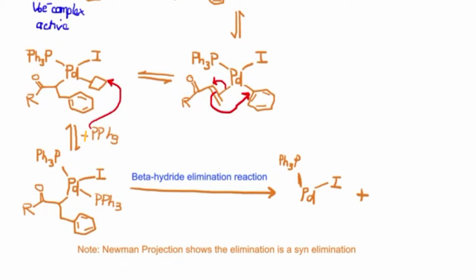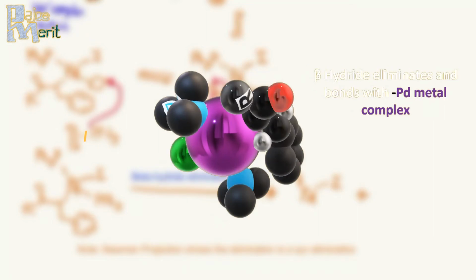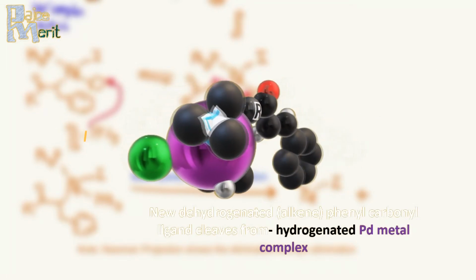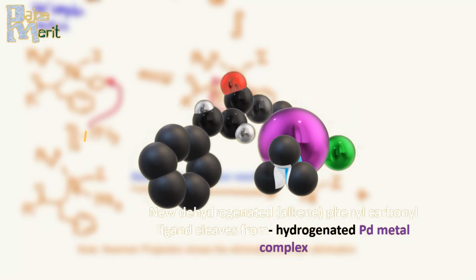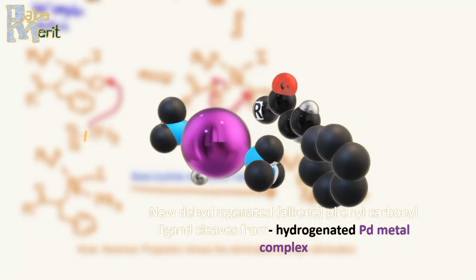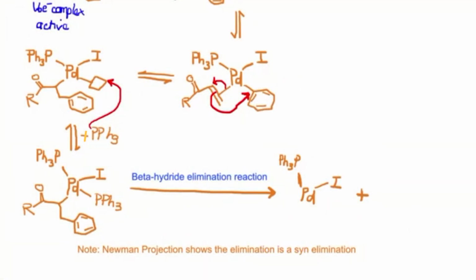The next step that usually happens is a beta-hydride elimination reaction. This means there is a beta carbon that has a hydrogen, and the hydrogen is eliminated so that it bonds to the metal, cleaving a bond to form a pi bond.